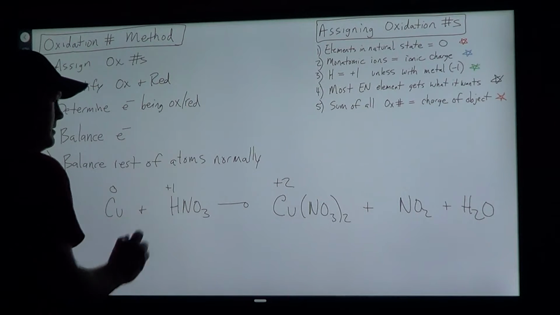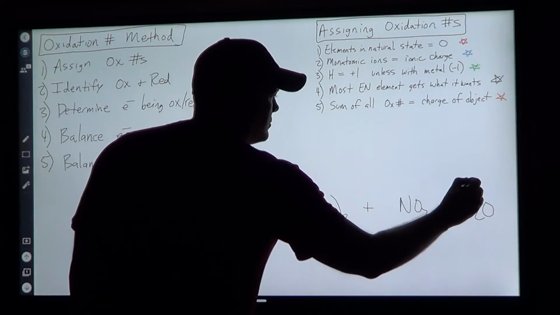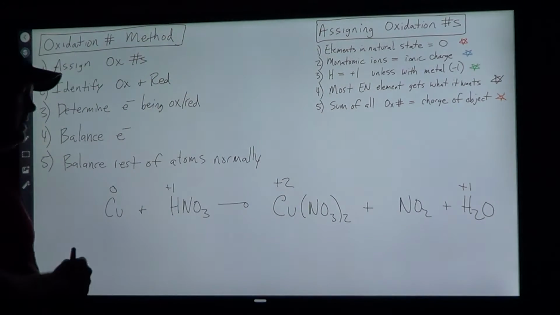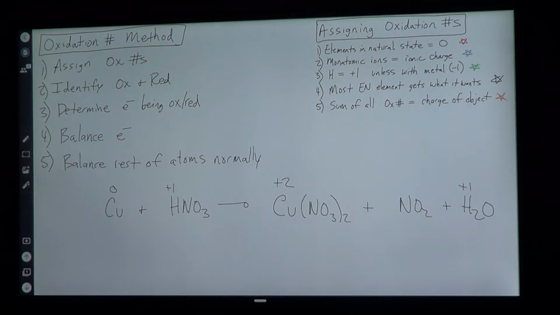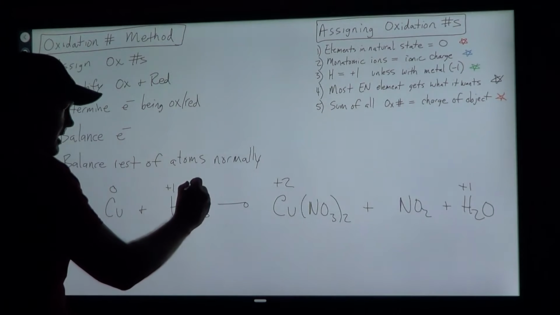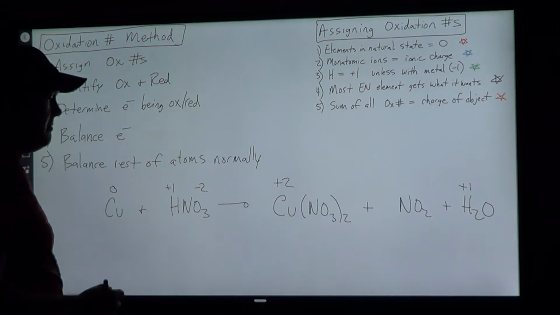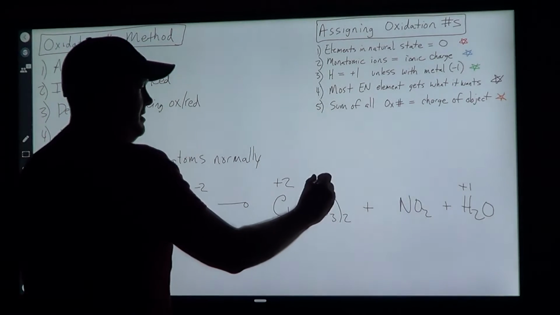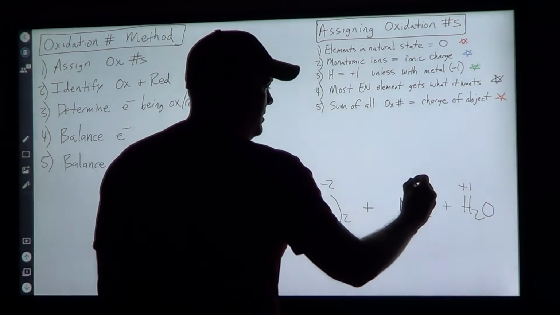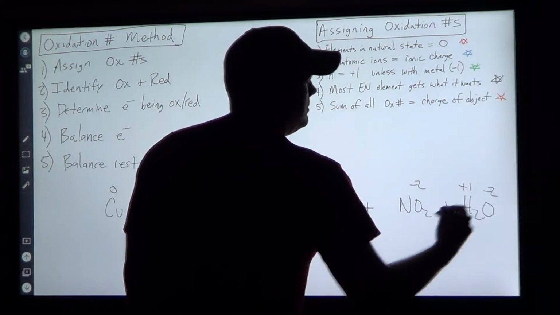This is +1. These are +1. Rule 4, everyone else who's connected to someone else, give the most electronegative element what it wants. For this substance, the oxygen is stronger than nitrogen, so they're -2. Same thing here, same thing here, same thing there.